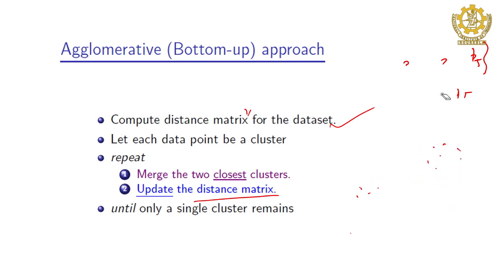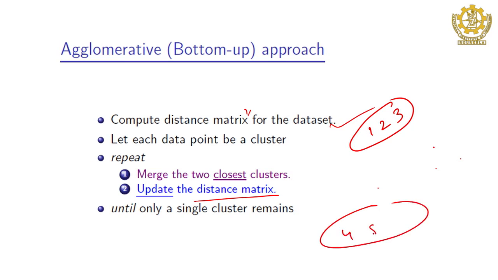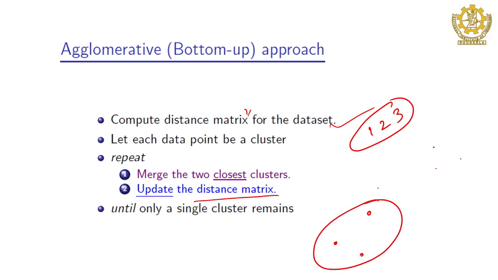So, one example I can give you here. Let us say you have points here, 1, 2, 3, and points here, 4, 5, 6. Now, if I say here is one point, here one point, and here and here also you have points.